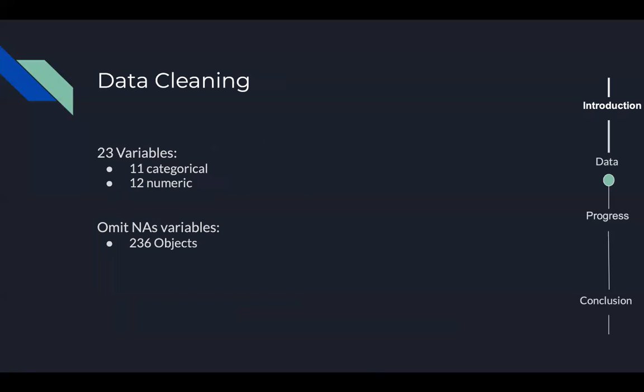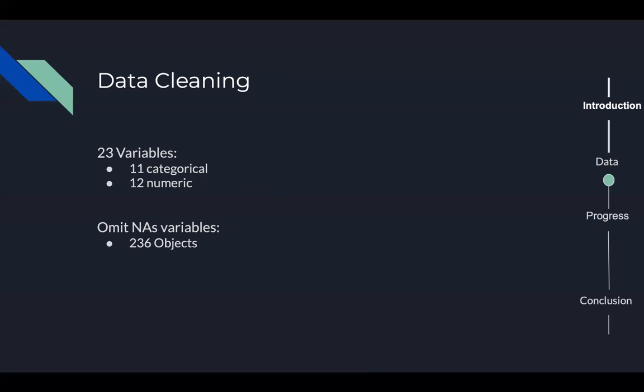To continue finishing data cleaning, we converted some variables between the categorical and the numerical type. After this step, the dataset has 23 variables, including 11 categorical and 12 numerical variables. These two data types describe each employee's background and characteristics and label whether they are still in the company or whether they have left.